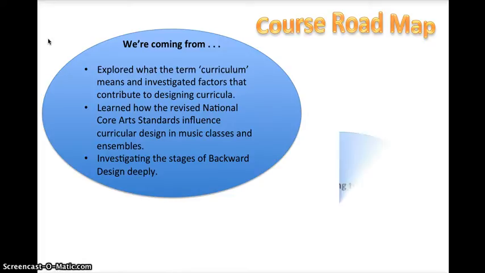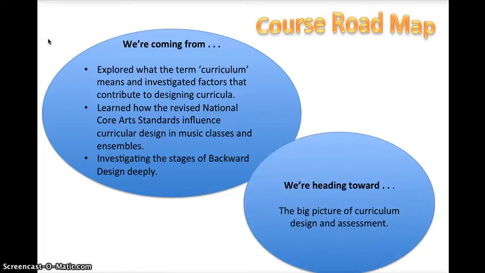In this unit, you will apply your understanding of backward design to the larger context of curricular design. Supporting resources will prompt you to think about what to include in your curriculum, how to structure it, and how to initiate design.